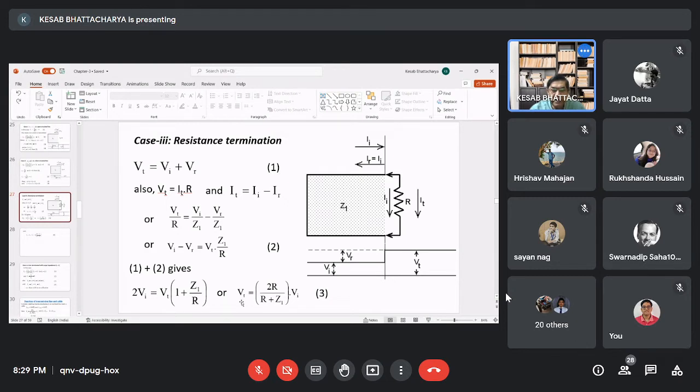Finally, we get Vt is equal to 2 into R by R plus Z1 into Vi. That is equation 3. So, the general expression for Vt is 2 into Z2 by Z2 plus Z1 into Vi. Here Z2 is replaced by R. So the final expression becomes 2 into R by R plus Z1 into Vi. Clear?